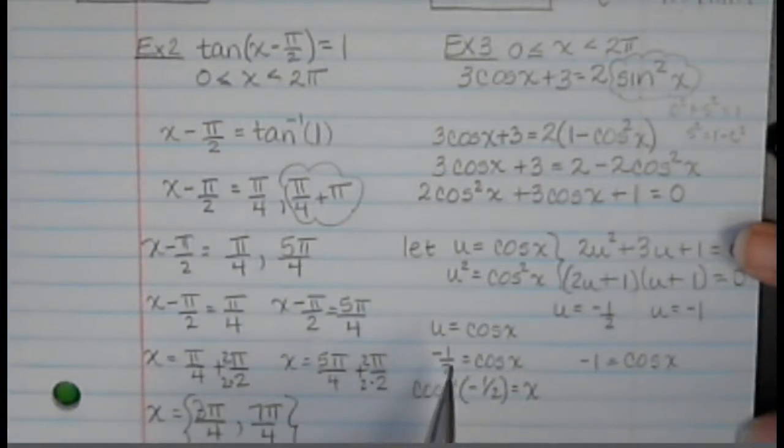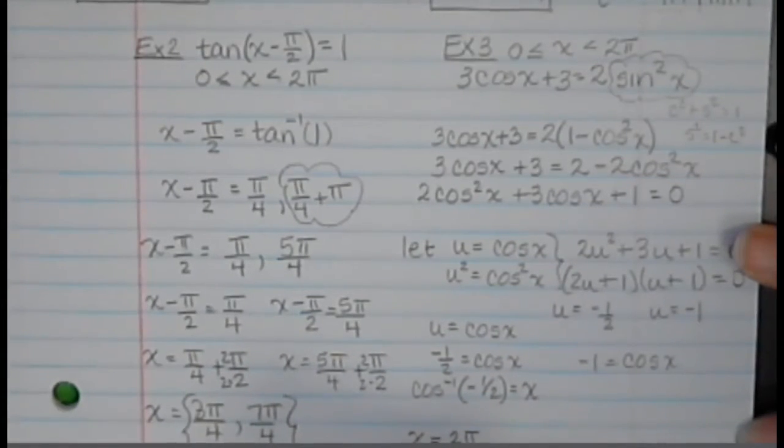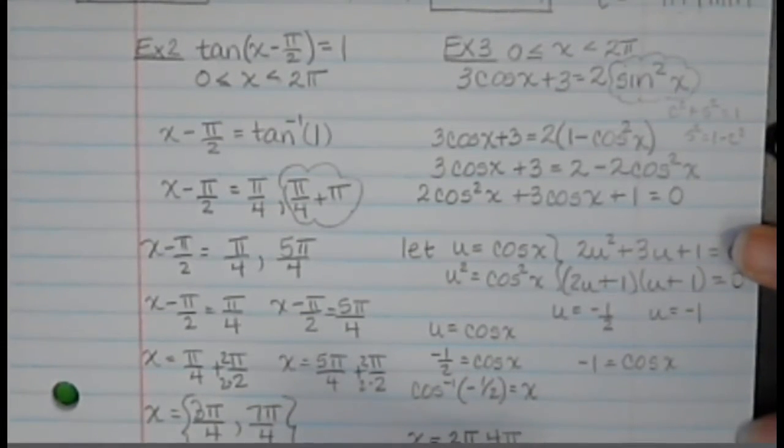Or think of it like this: cosine of what angle gives me a negative 1/2? We're going to find that twice on our unit circle: once at 2 pi over 3, and again at 4 pi over 3. We can get that from our unit circle, or we can put this in our calculator, but then we're going to get decimals, so it's easier to find it on our unit circle.